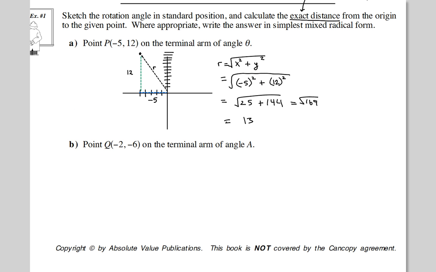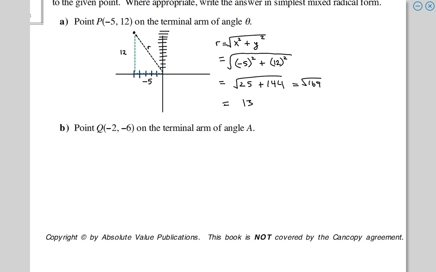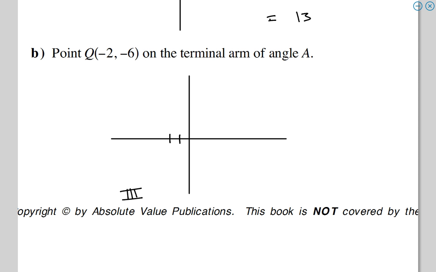Okay, let's do this one more time. This time a different point. So for point Q, both of the components, x and y, are negative, so we live in quadrant 3. Good. And up here we are in quadrant 2. So we go how much to the left and how much down?